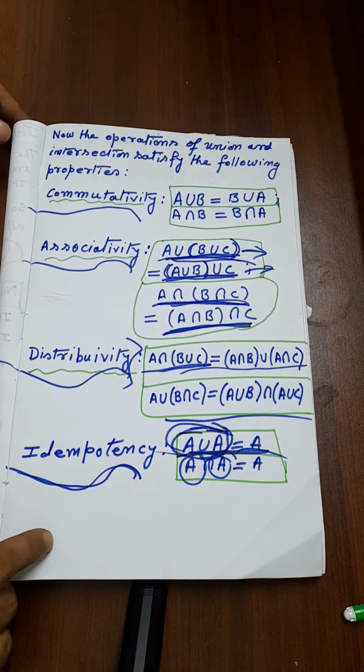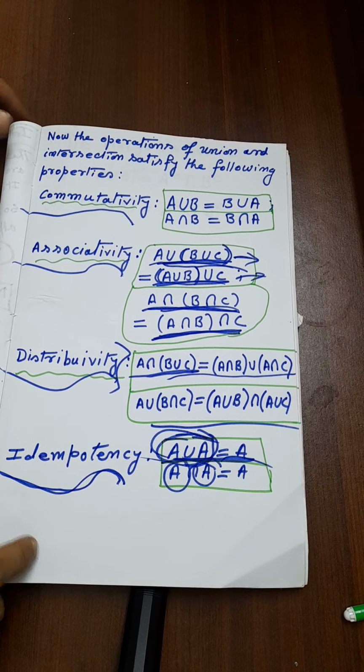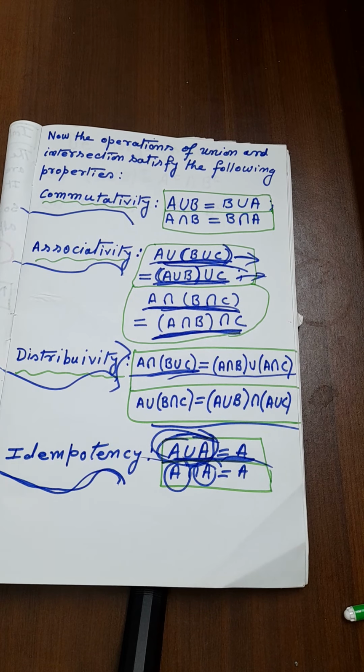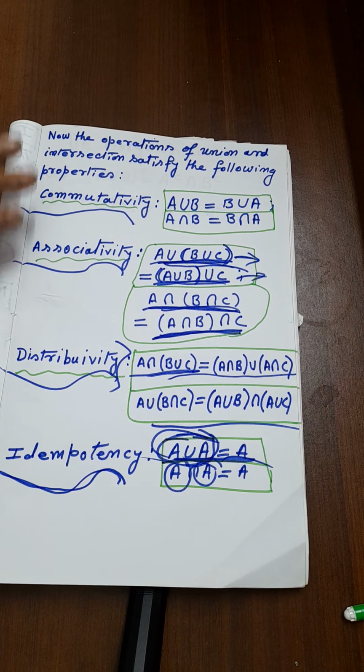Now there are a few operations related to sets, so please keep all this with you to understand topology and abstract algebra. If you don't remember these things, you will not be able to understand abstract algebra or topology. Okay, now the operations of union and intersection satisfy the following properties.